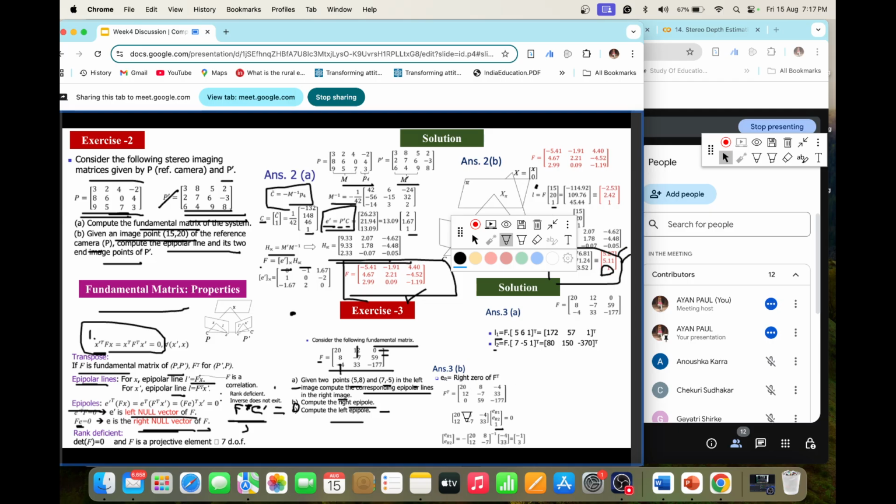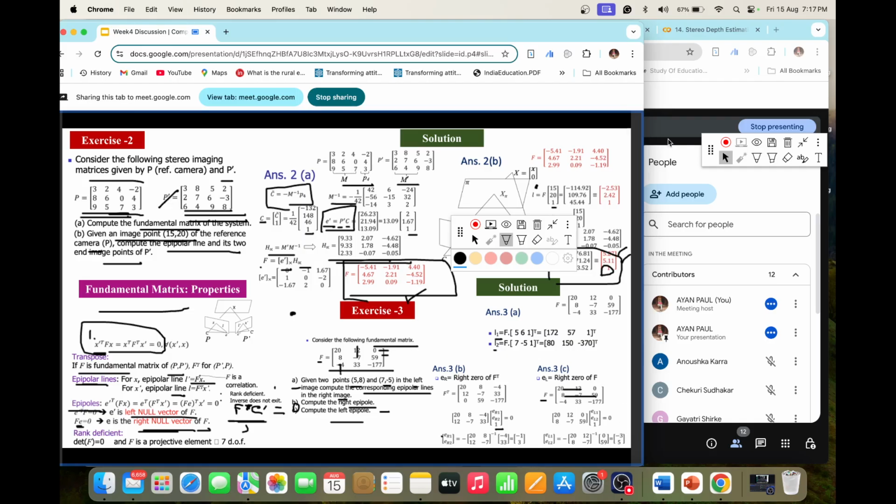Just take these two rows and this matrix, and we will get two equations and two variables, which we can easily solve to get er1 and er2. So er1 er2 gives us e dash. Similarly, the left epipole is F into e equals 0. So we have F, and we again take the first two rows and write the left epipole as el1 el2 1. Two equations, two variables, we can solve it and get the left epipole.